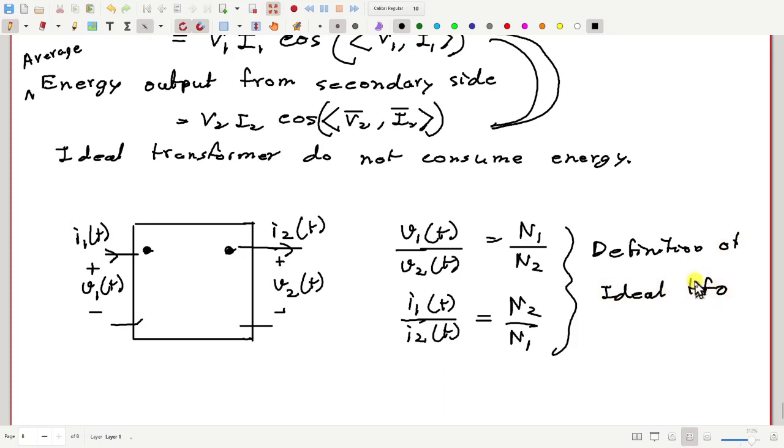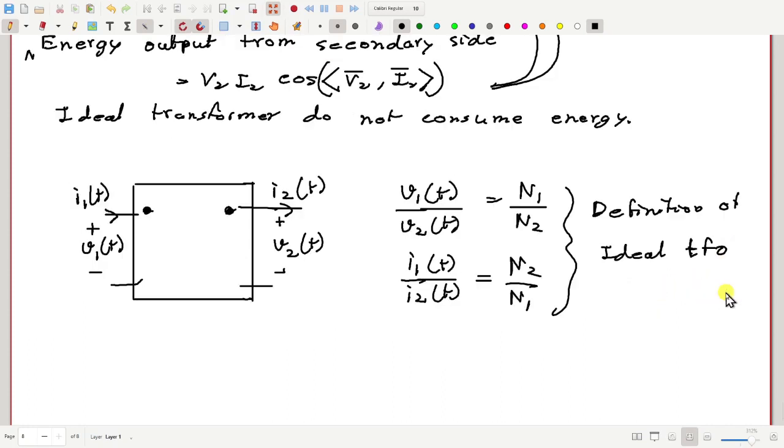Let me write TFO in short for transformer, and therefore you see V1 I1 is equal to V2 I2 at all times. So that means there is not just no overall consumption of energy, but at each and every moment there is also no storage of energy by the transformer, because this is true for all time.